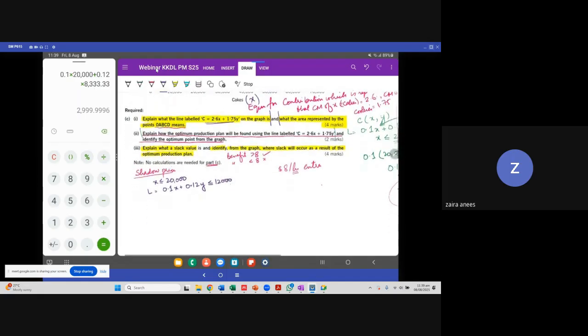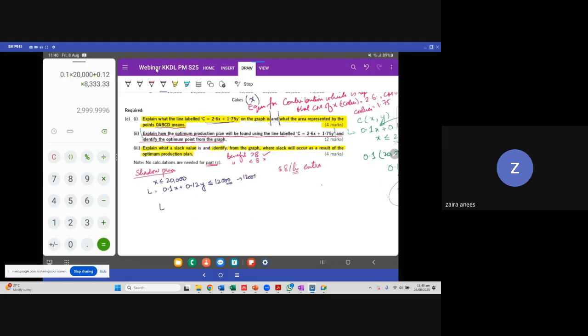So how to calculate the shadow price? You have to identify for which constraint you are trying to calculate the shadow price. Since we are calculating for labor, we just need to add 1 in the available hours. So instead of 12,000, we will use 12,001, right?